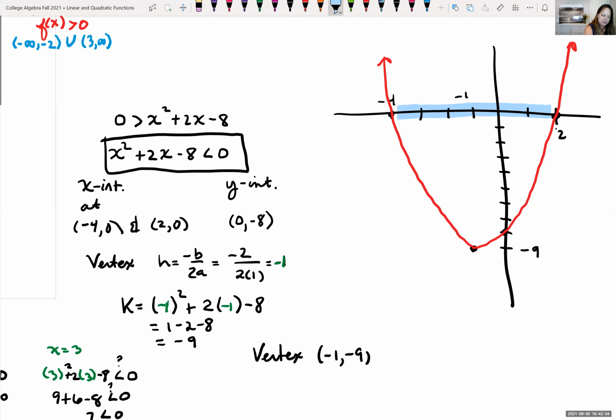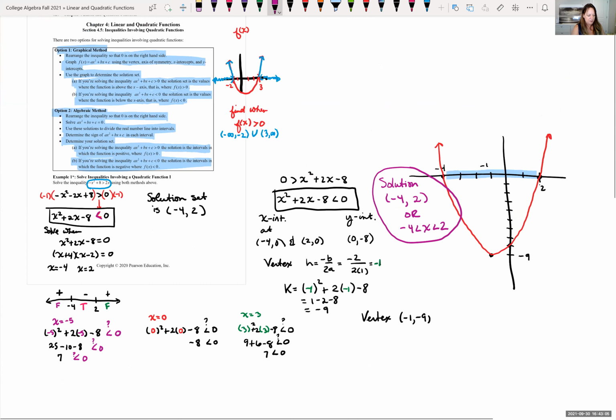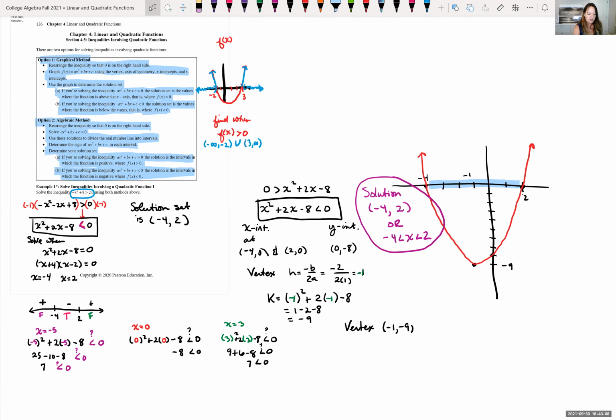And so my solution is going to be not including the endpoints, because I don't have the equal to piece on my inequality. So parentheses, -4 to 2. Or another way to state that is -4 is less than x, which is less than 2. So that's how you would do it by graphing it. We showed it both ways and we got the same answers doing it each way.